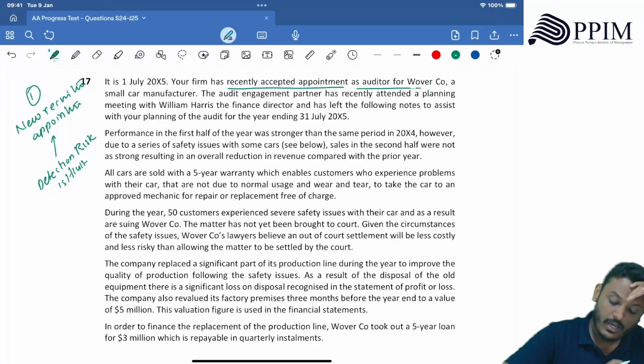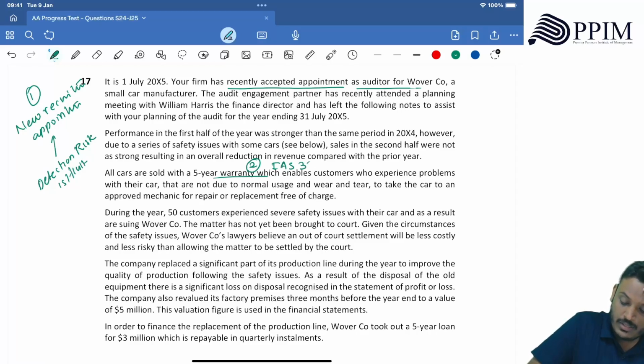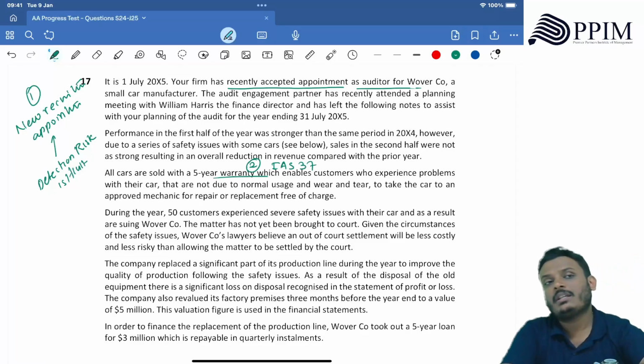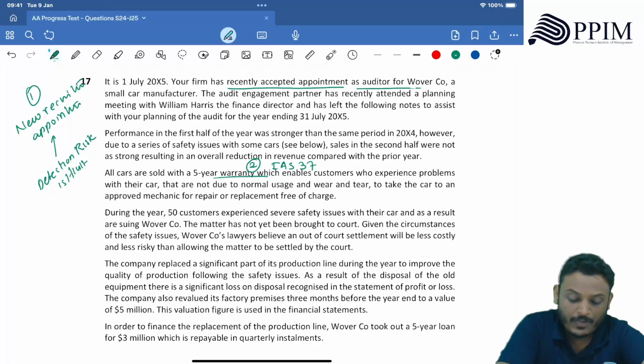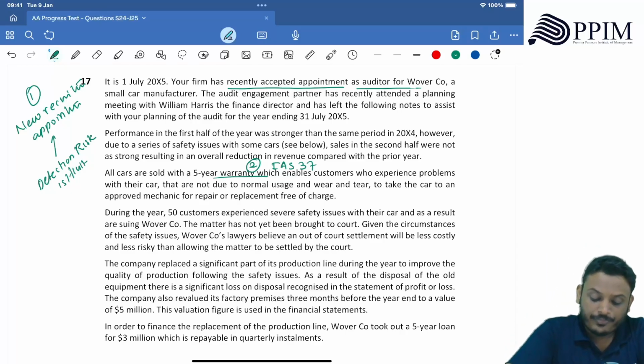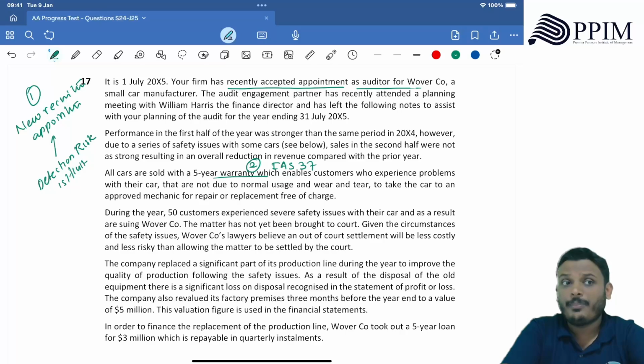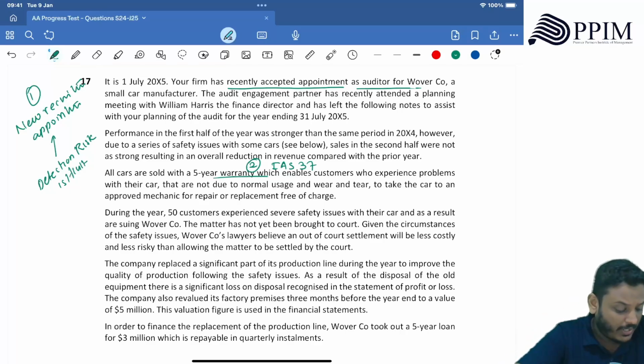Right. All cars are sold with a 5-year warranty, which enables customers experiencing problems to claim. So this is about IAS 37 provisions, contingent liabilities and contingent assets. If you look here, all cars are sold with a 5-year warranty. Directors need to estimate the potential cost of repair and create a provision for that, right?